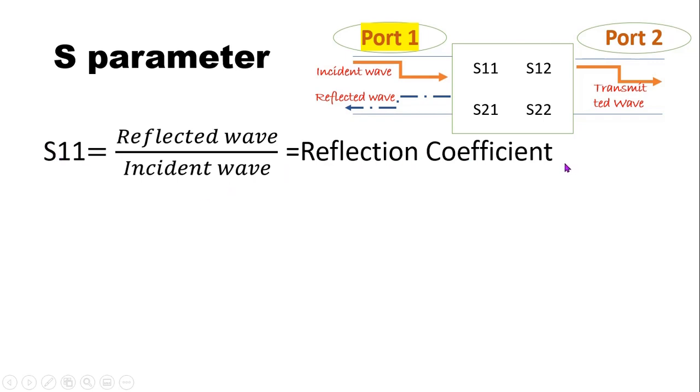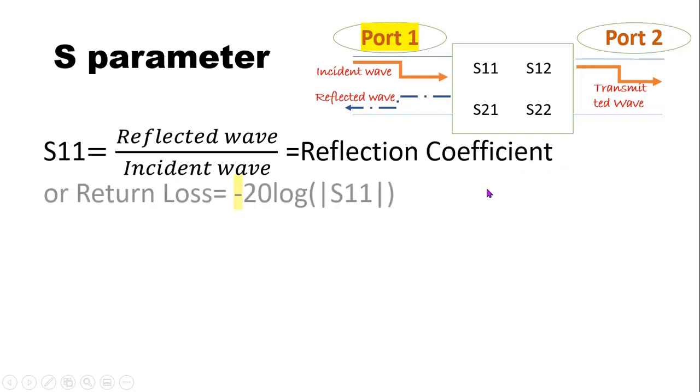Perfect. Or it could also be called return loss if we use this formula. Don't be afraid of this formula. See, here we are using the magnitude of S11 because inside a log we need to use positive values only, and return loss is in the sense of power, while S11 is voltage divided by voltage or current divided by current.